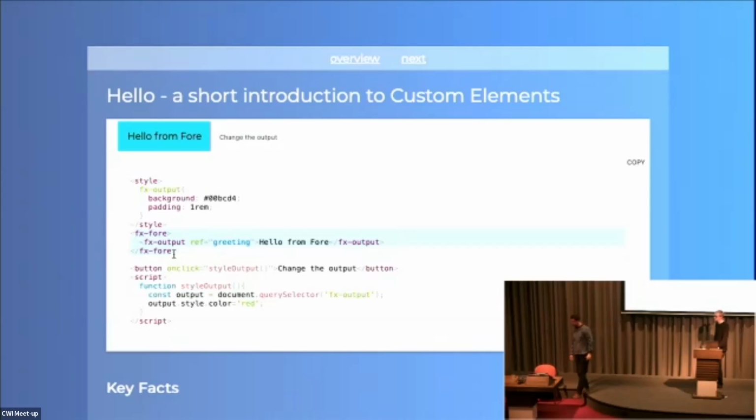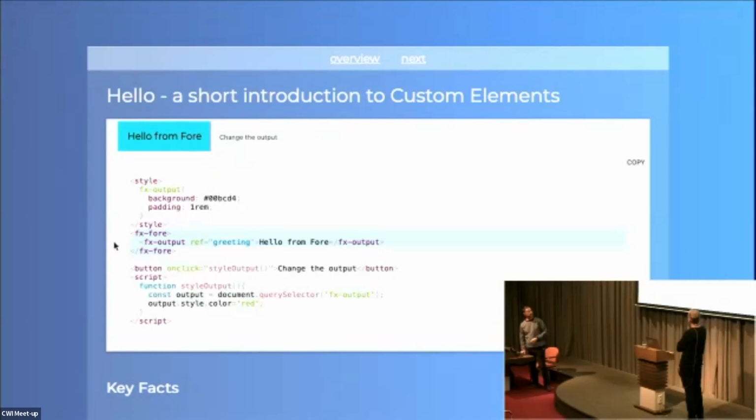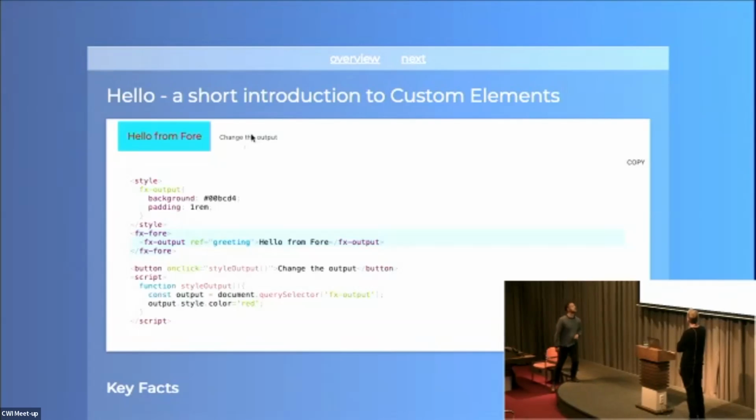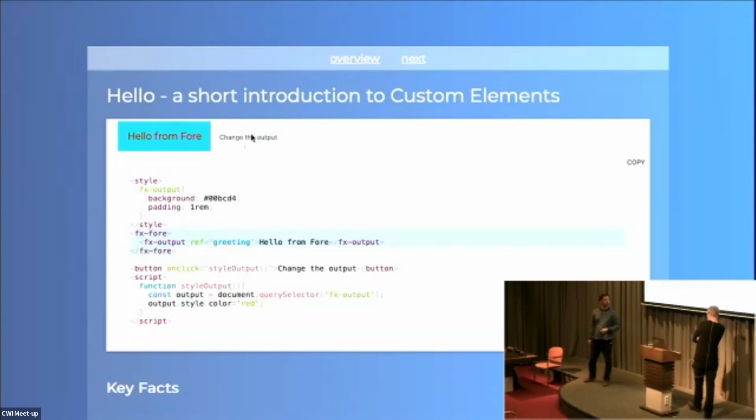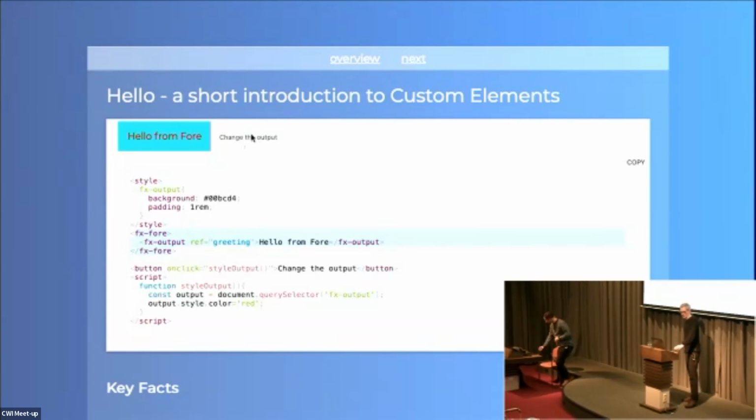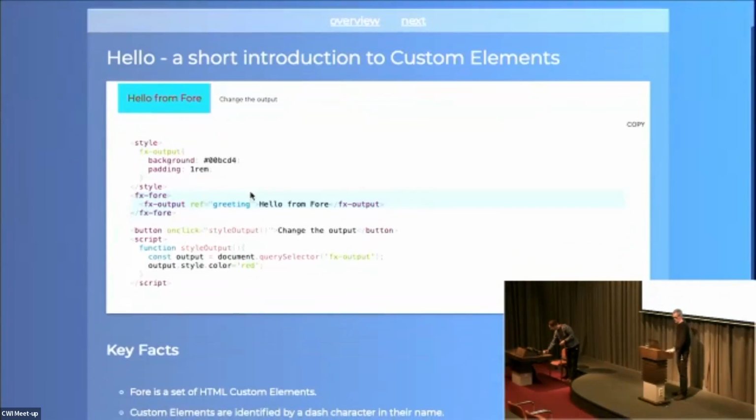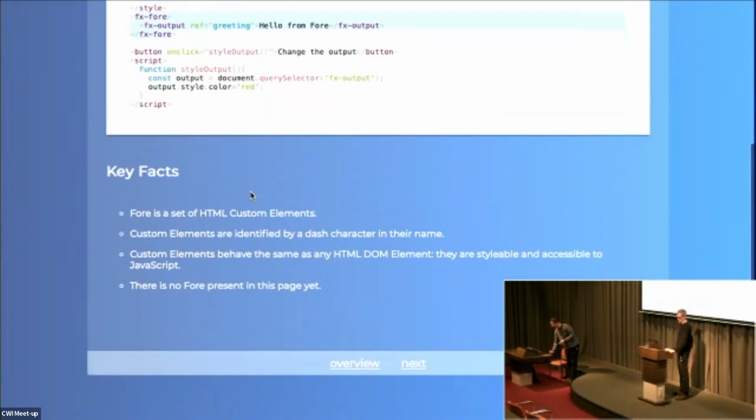What you see on the top here, can you see my cursor? This is actually executing the script below here. What you see below here is the code that produces the output here. And if you click on it, you see that the color of the font changes from black to red. That's just to prove that the browser is handling the custom element just like any other element that is built in. That's a new addition which HTML5 brought in.